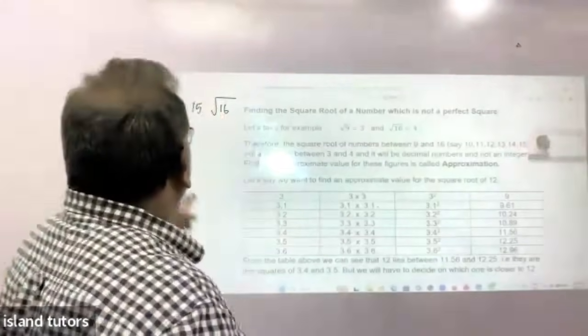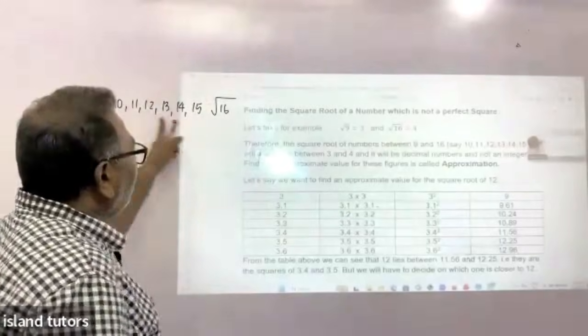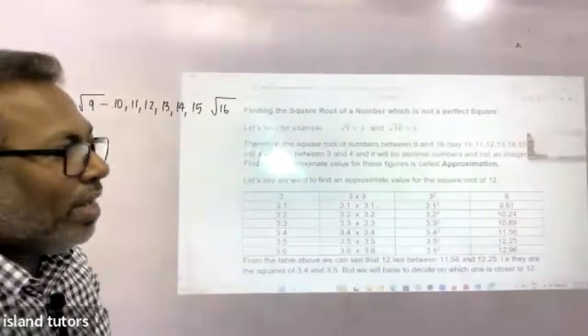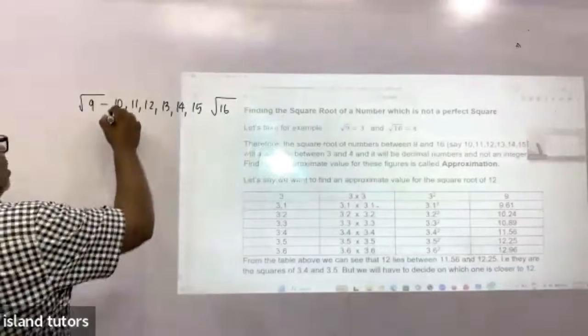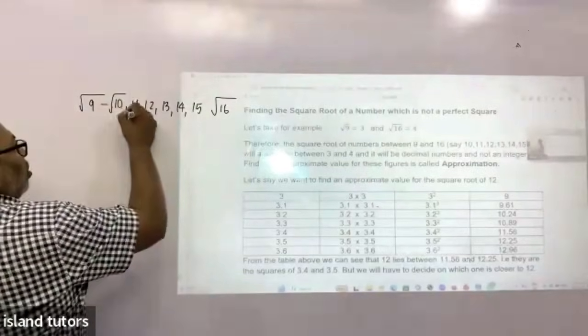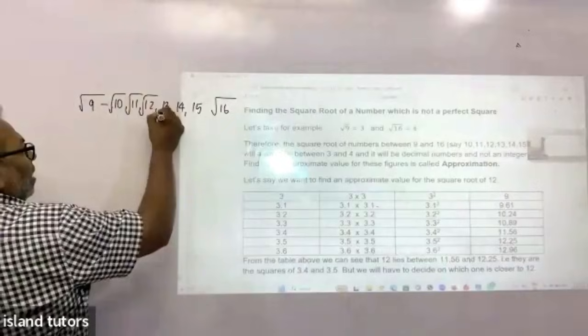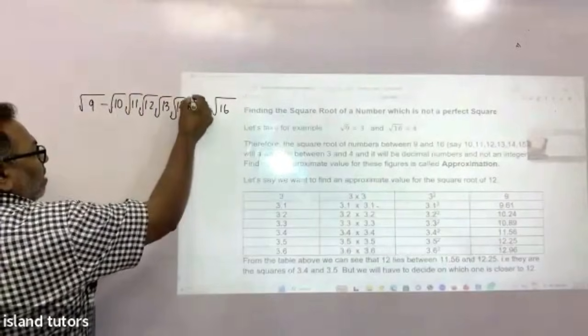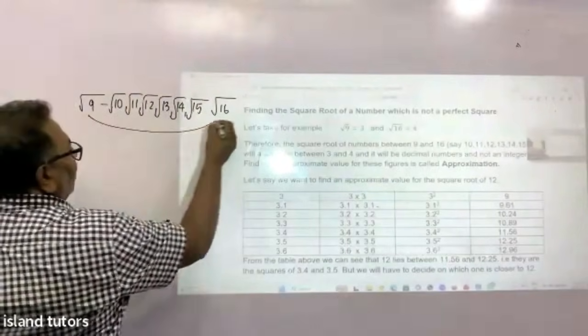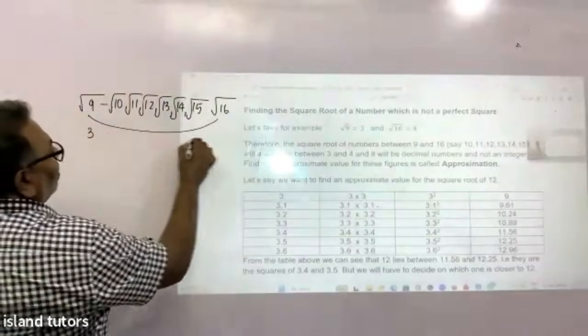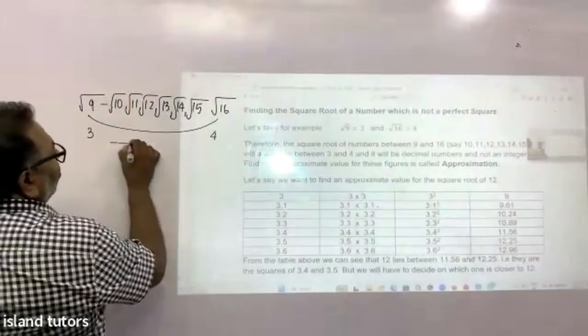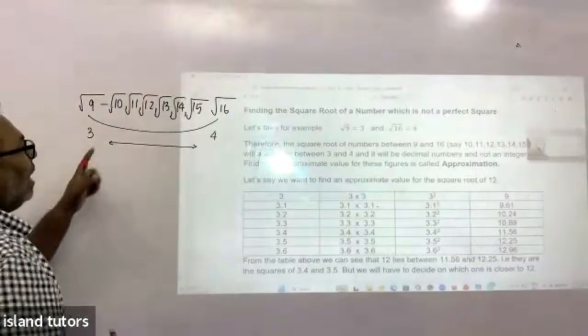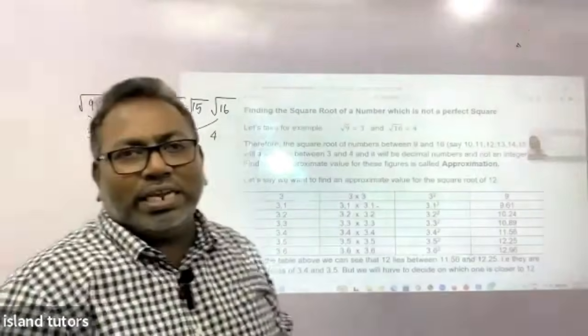So if we want to find the square root of 10, 11, 12, 13, 14 and 15, it is going to be between 3 and 4. It's going to be a value between 3 and 4.